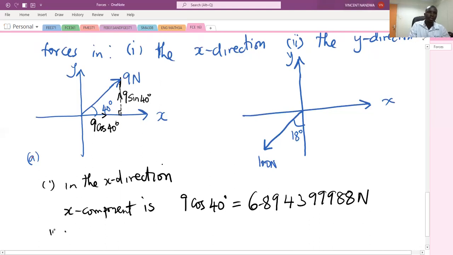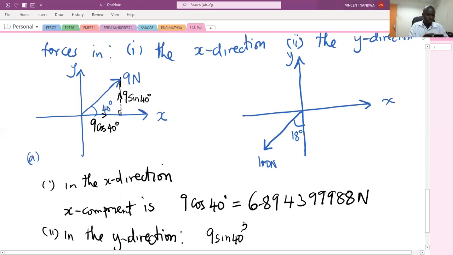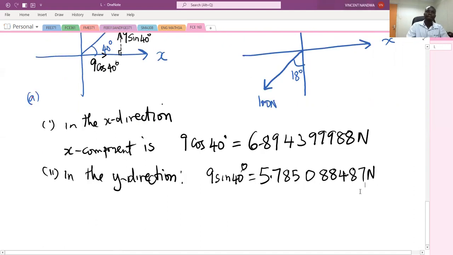And then Roman 2, in the y direction, we'll have 9 sine of 40 degrees, which gives us 5.785088 newtons.